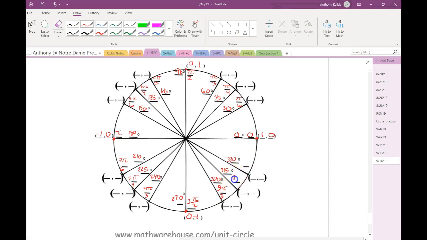This will be 7 pi over 4. Yep. And then this last one will be 11 pi over 6. Okay.